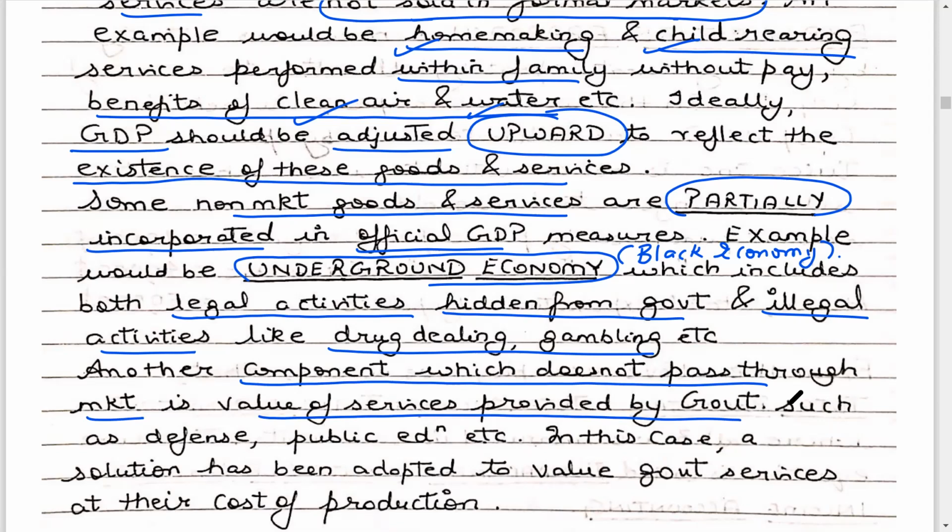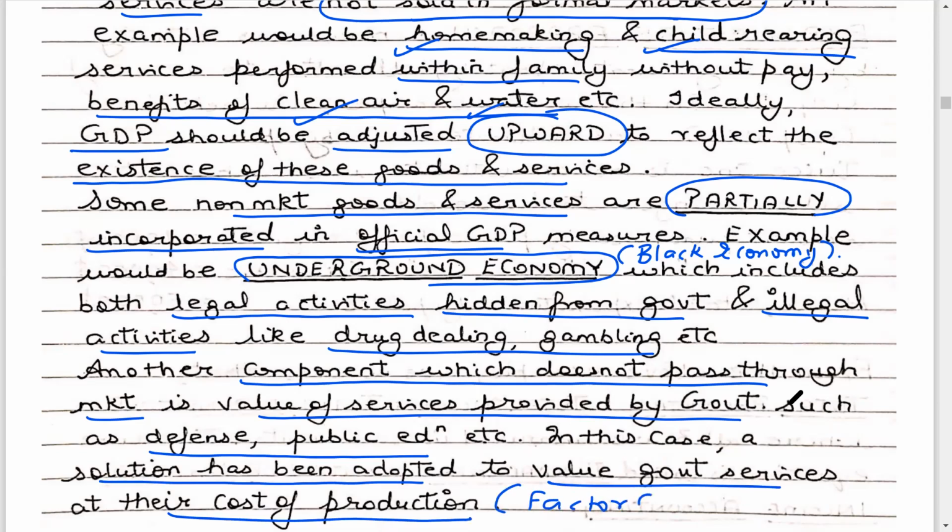The private sector is going to sell goods and services at the market price, but the government is going to provide defense, public education, bridges, railways at factor cost. So a solution has been adopted to value the government services at their cost of production, which is nothing but the factor cost.